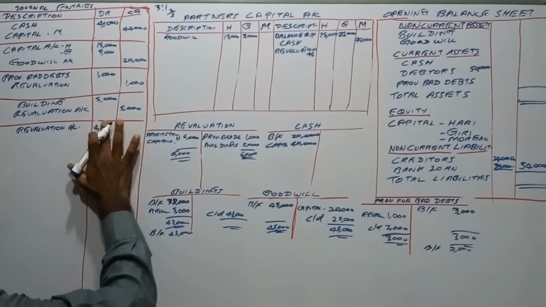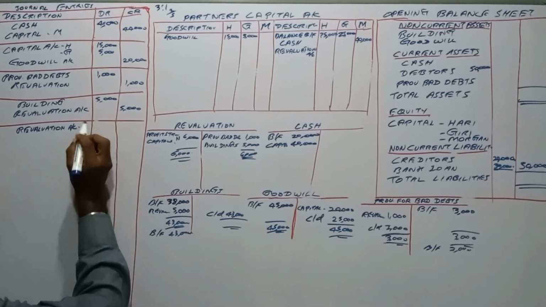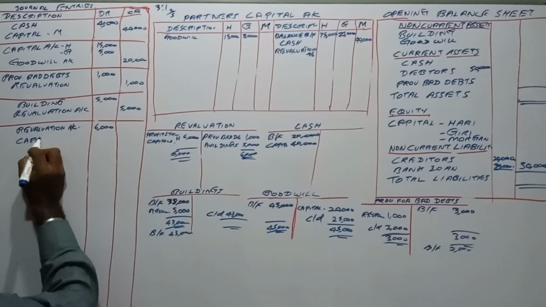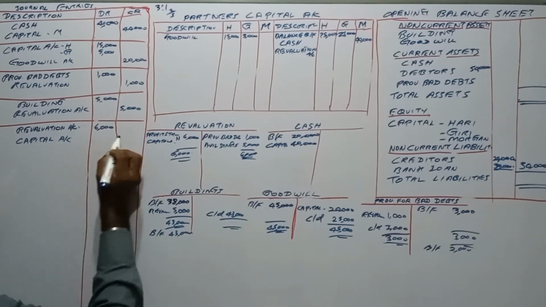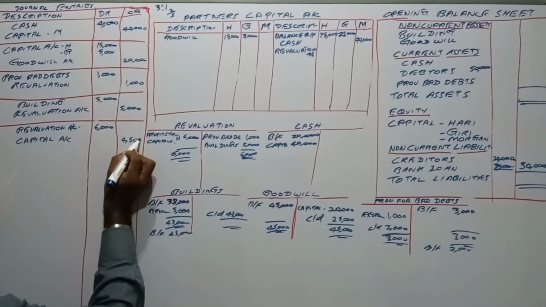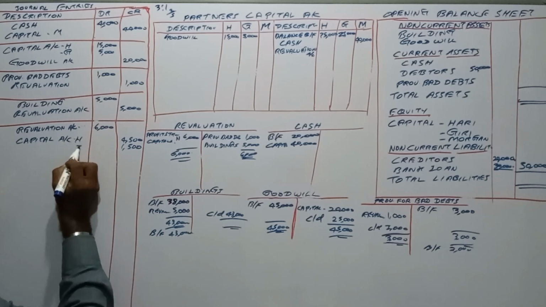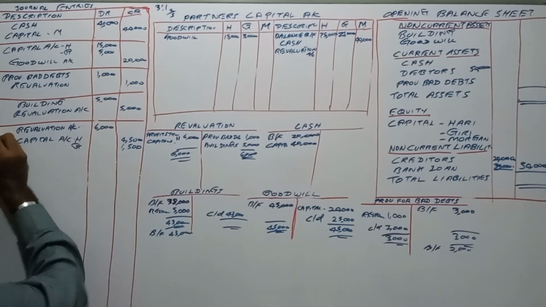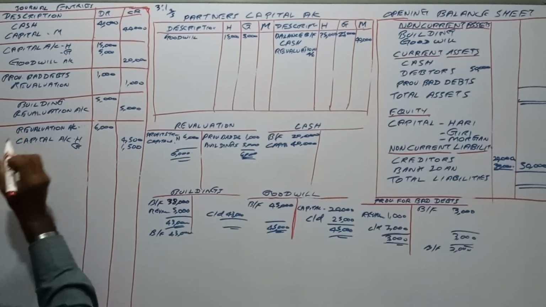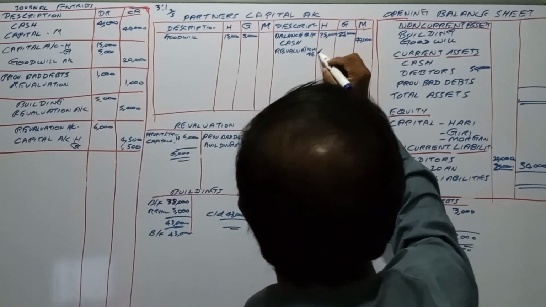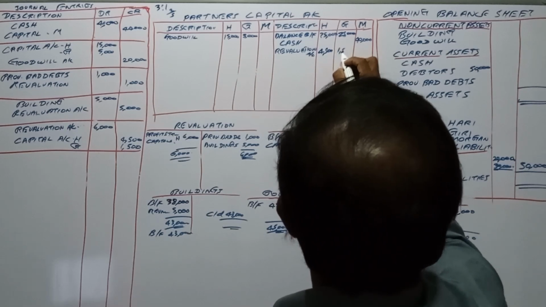Revaluation account debit 6,000, capital accounts credited 4,500 and 1,500, that is Harry and Giri. You know the narration for it: being revaluation profits transferred to the capital accounts, 4,500 and 1,500.